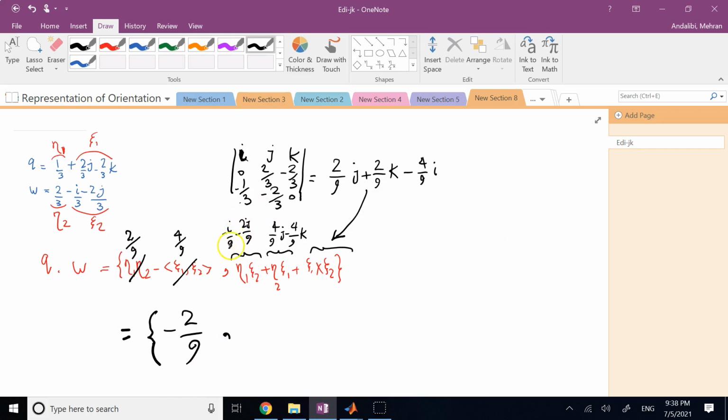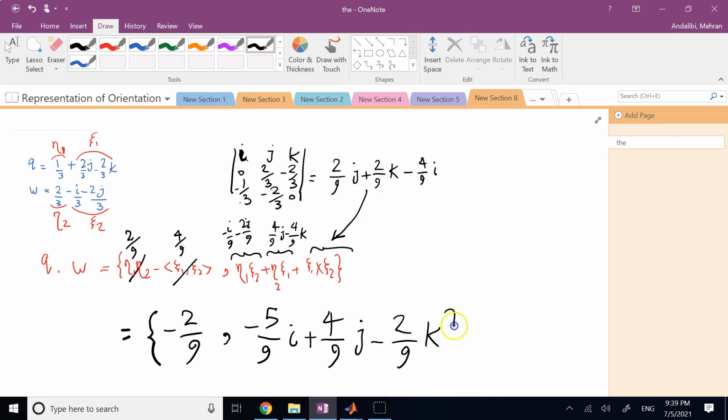Here you have negative i over 9, and here you have negative 4i over 9. You add them together, you are going to get negative 5i over 9. Here there is a j term, negative 2 over 9, 4 over 9, that's positive 2 over 9, plus another 2 over 9 is 4 over 9. And then you do the k's, that's a negative 4 over 9, that's a 2 over 9, so it's going to be negative 2 over 9.